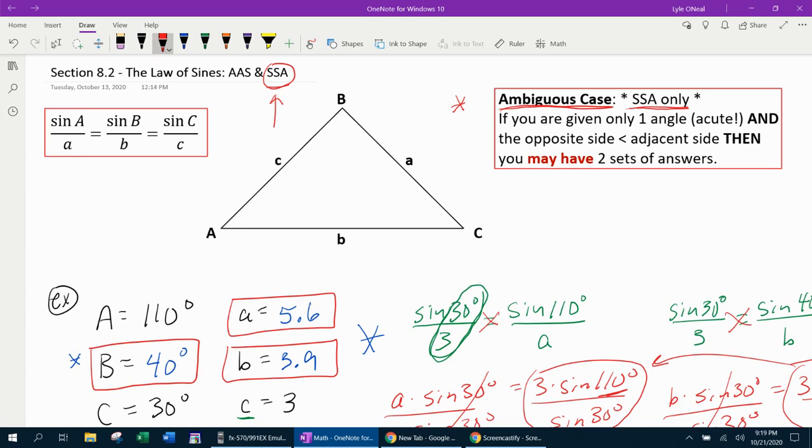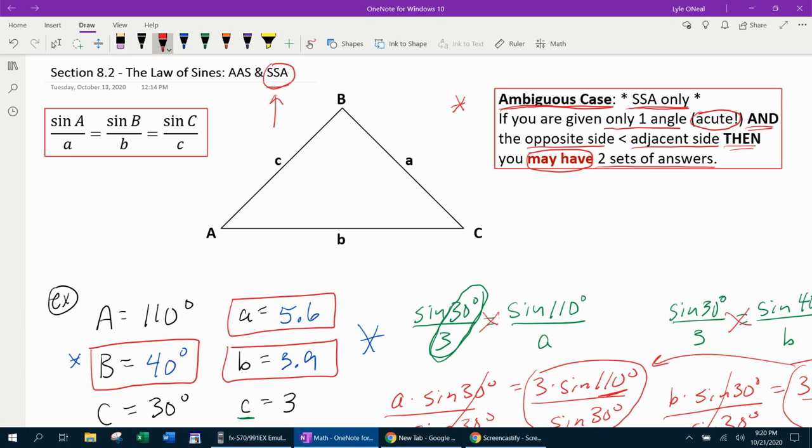Okay, so here's what it says. It says if you are given only one angle, and that angle must be acute, and the opposite side is less than the adjacent side, then you may have two sets of answers.